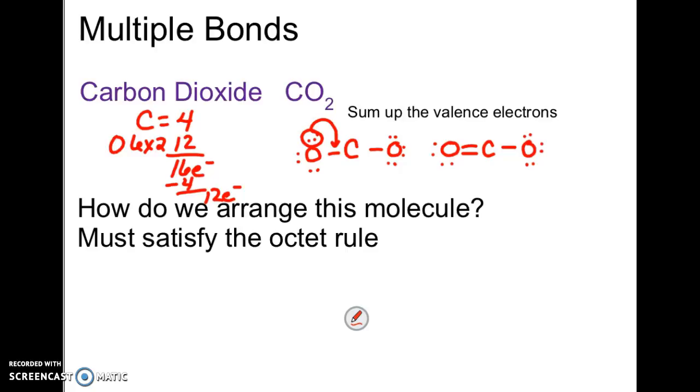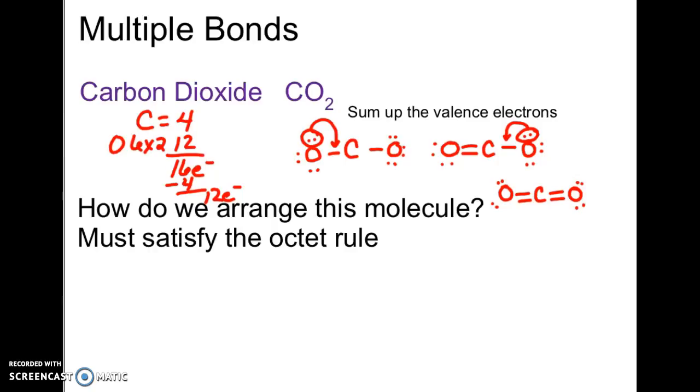The other side of the electron right here can also fill in and make a multiple bond. So overall, the molecule ends up looking like oxygen, double bonded carbon, double bonded oxygen, with 2 sets of lone pair electrons on each side. Okay, that is how we can arrange a molecule with multiple bonds and still have an octet.